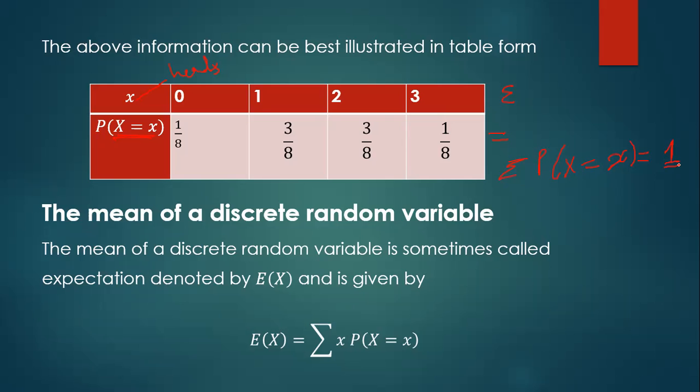Then after that, in a discrete random variable, we also find the mean, and here we call it expectation.